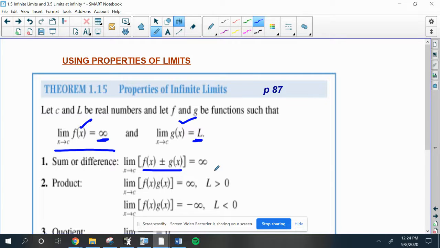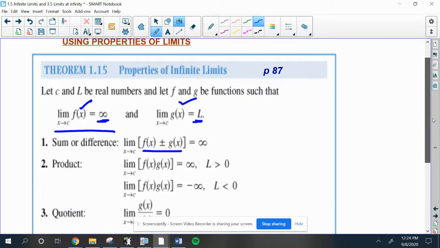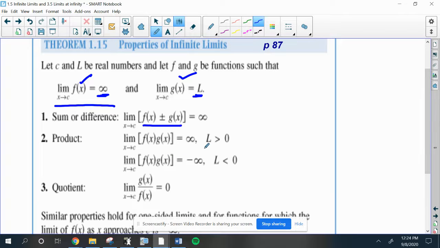You can think of it as infinity plus a number is still infinity. Product, same thing. It's also telling you to watch the signs. If your limit's going to infinity and you're multiplying it by a positive number, then it will go to positive infinity. If this L is negative, then negative times infinity will be negative infinity.